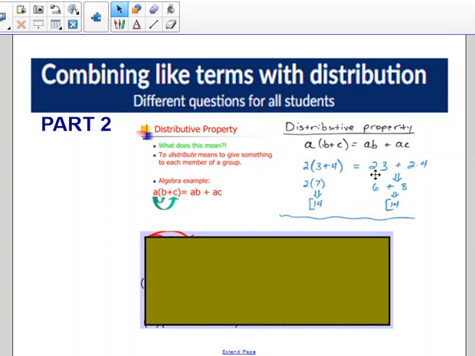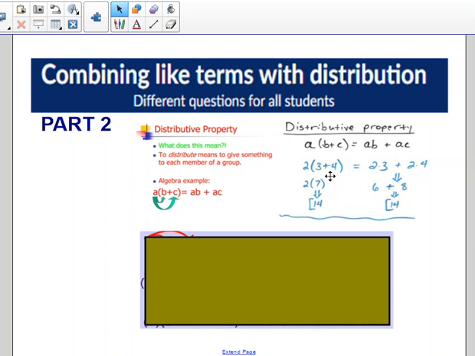But just to show you that distribution still works, even when you have number values, this would be the same as 2 times 3 plus 2 times 4. Now, I know 2 times 3 is 6. I know 2 times 4 is 8. Again, we're multiplying those. And now I add them, because 6 and 8 is 14. So I get the same value. But this example right here, it almost makes more sense to do it the first way, which I totally agree.